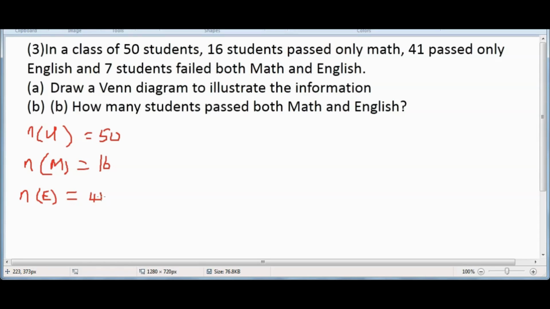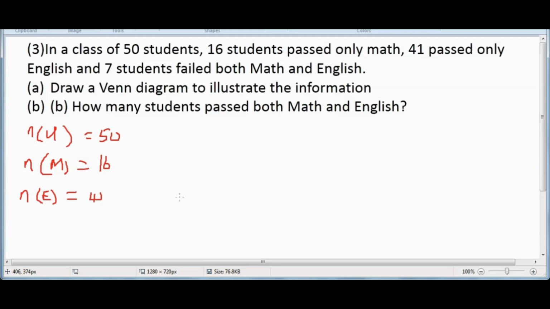Now, since the 7 students are not a part of math and English, but a part of the universal class of 50, we can say that 7 is the complement of both M and E.